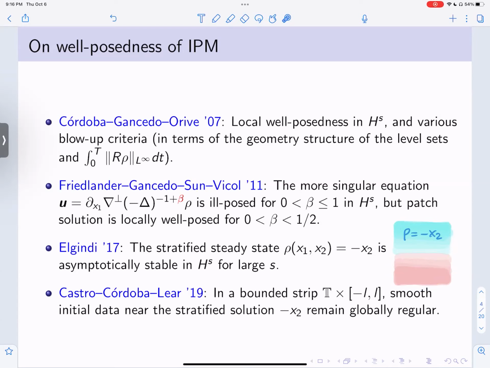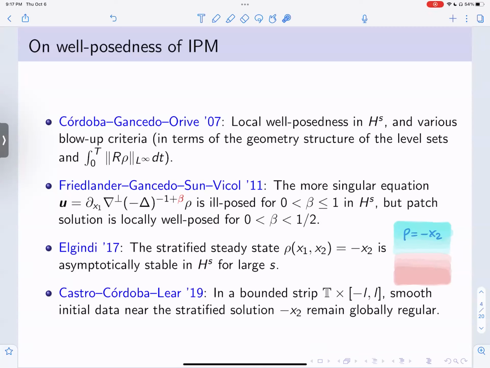The density is linearly changing in the vertical direction. And it's the stable one, which means the lighter fluids are on top and the heavier fluids are at the bottom.